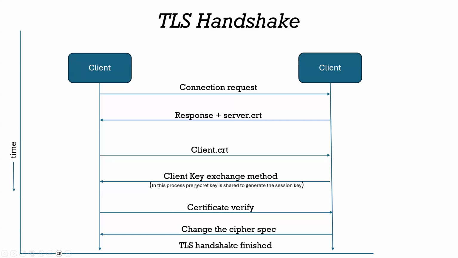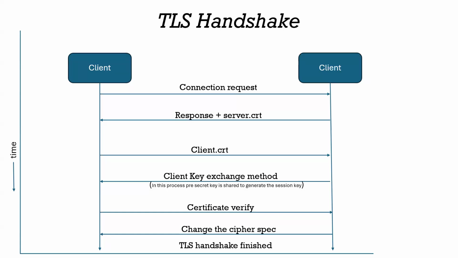So here in this pre-shared key, when the pre-shared key was shared with the server, the server decrypted it using the server key. The pre-secret key is a new key which the client generated, encrypted using the server.cert, and sent to the server.